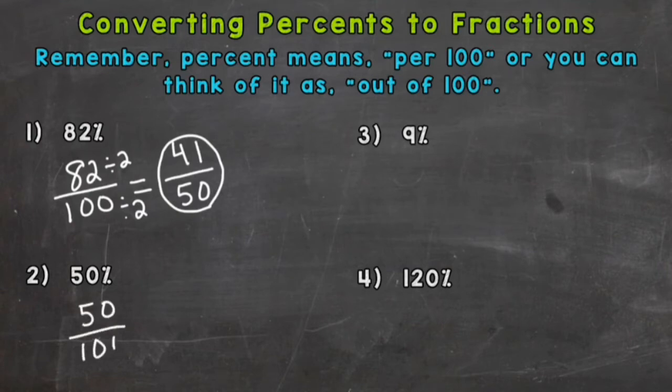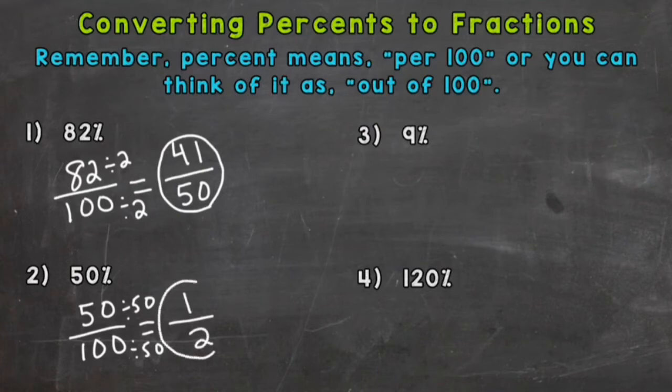Now let's look at the second example. We have 50%, that is 50 over 100. We can reduce this further by dividing by 50. 50 divided by 50 is 1, and 100 divided by 50 is 2. That is 1 over 2 as our final answer.